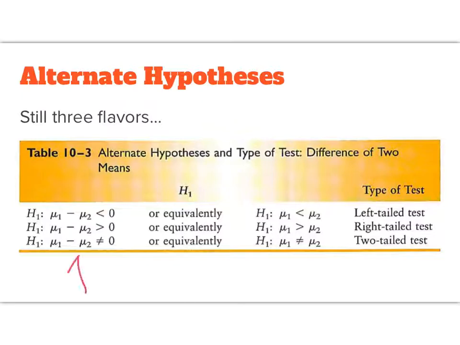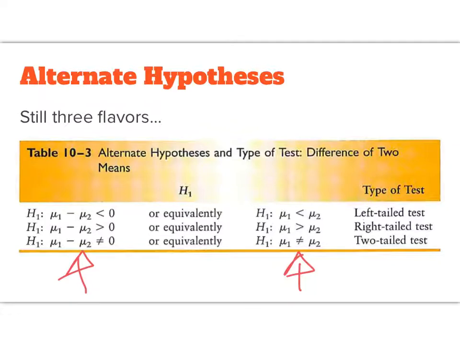You can write it as a difference of mu1 and mu2 being less than, greater than, or not equal to 0. Or you can write it in a straight up comparison of the two, so that mu1 is less than mu2, or that it's greater than mu2, or that it's not equal to mu2.